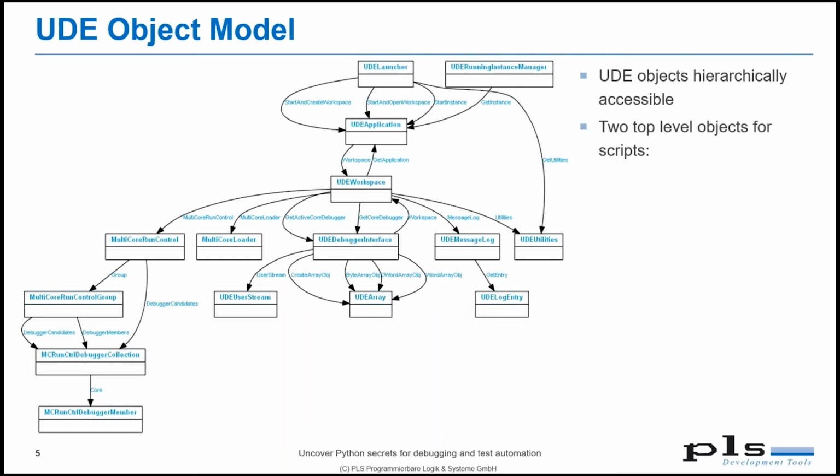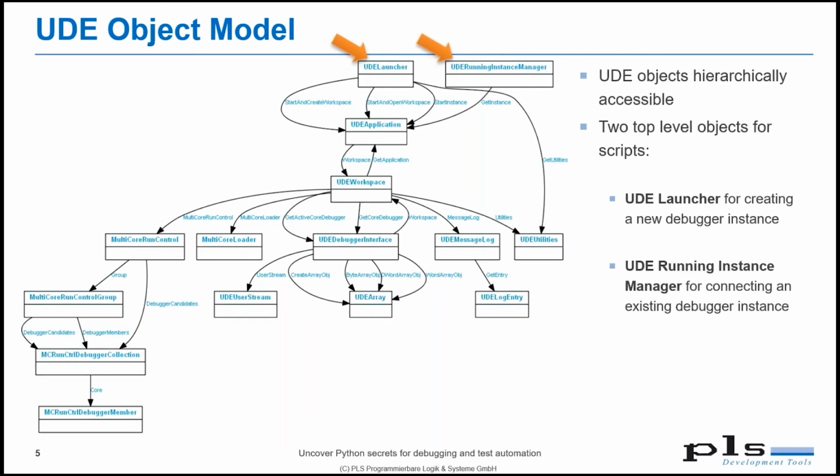At the very top, there are two objects that are used as a starting point if you script. The first one is the so-called UDE launcher, which is used if you want to create a new debugger session. So in short, to start the UDE from scratch without connecting to an existing one.